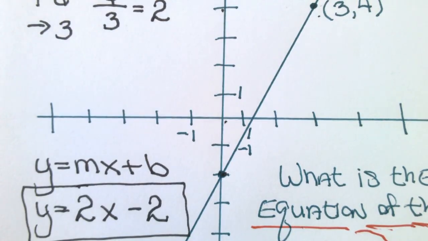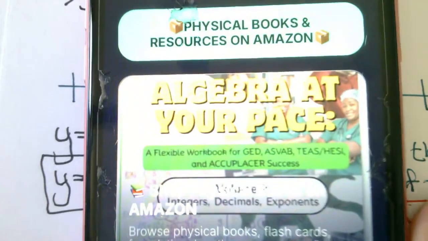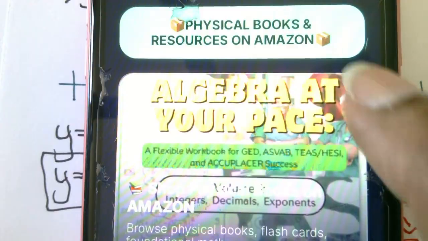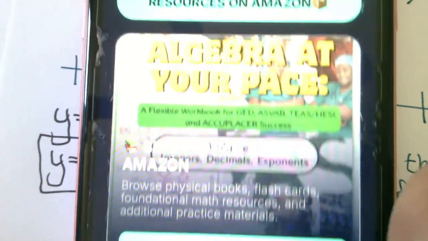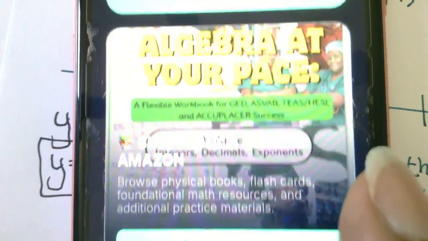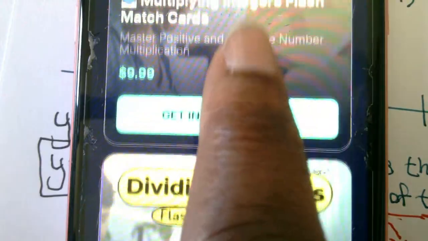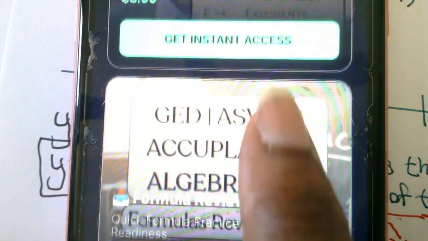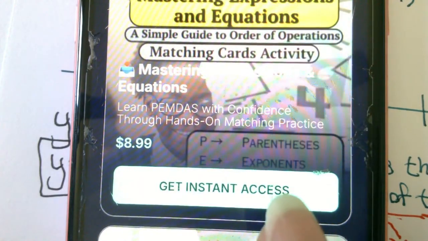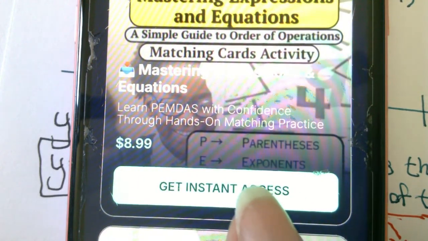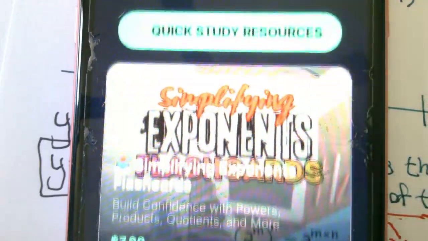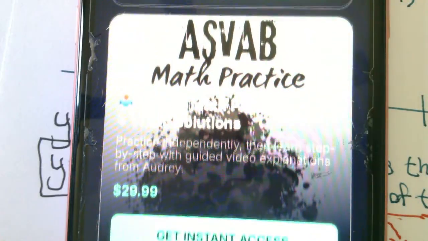If you do need any of the physical copies, you can go all the way down to the bottom of my Stan store, and this is where you can get your physical copies from the A. If you're looking for practice tests, flashcards, or most, if not all, of the formulas used in most standardized testing, I have everything on here. So go ahead and peruse yourself.